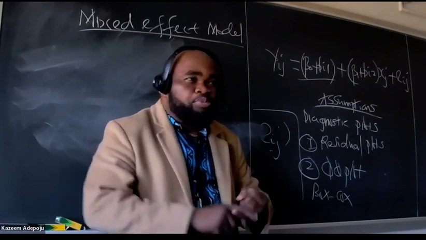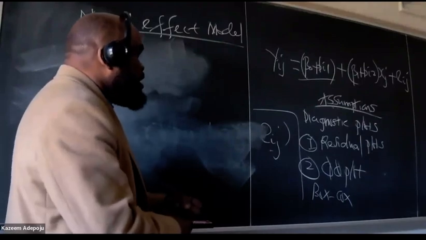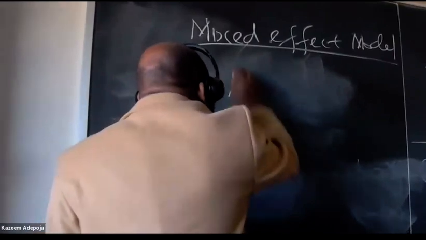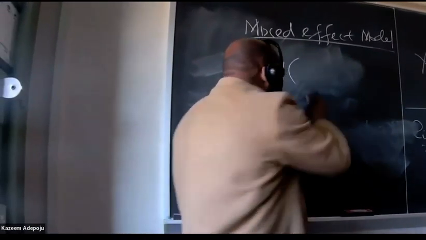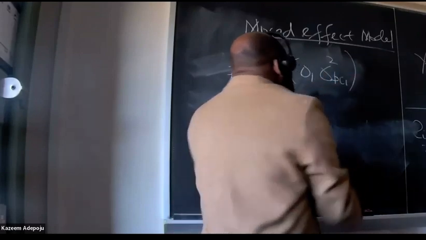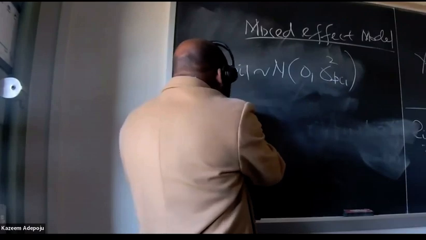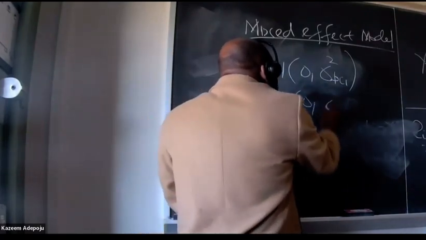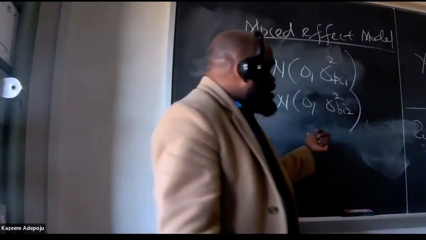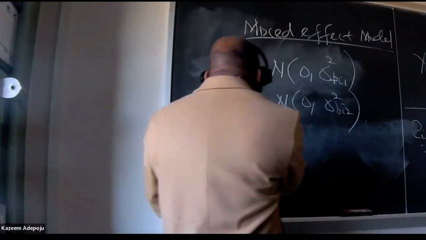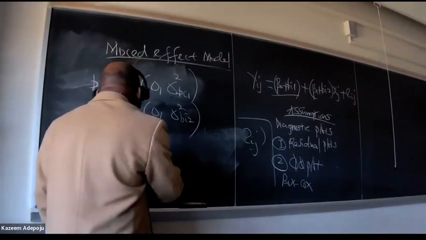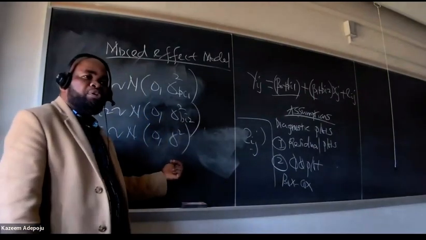We assume the random intercept follows a normal distribution with a mean of 0 and a variance. The random slope also follows a normal distribution with its variance. Then the conventional error in the model follows a normal distribution with a mean of 0 and sigma squared.